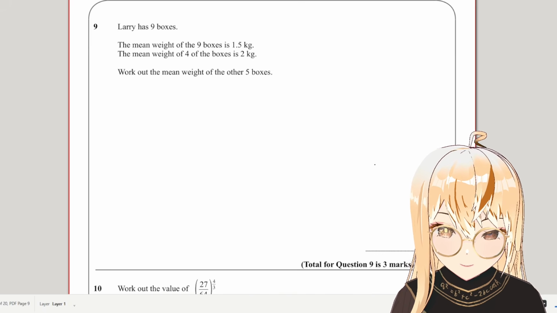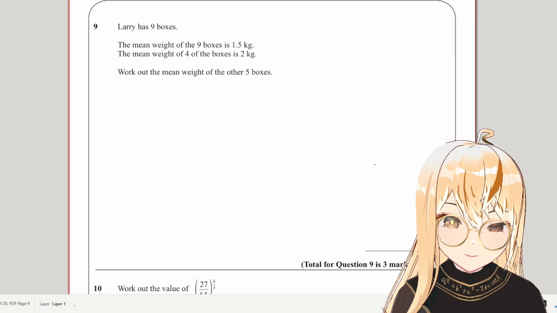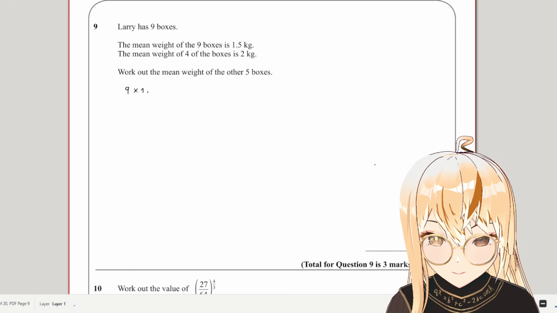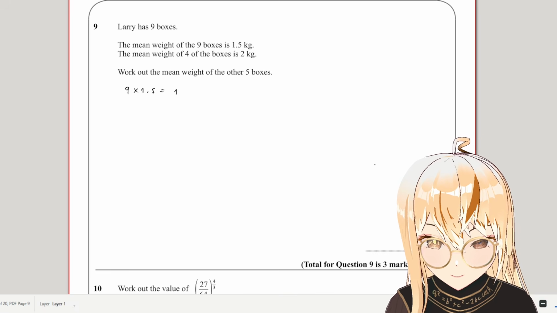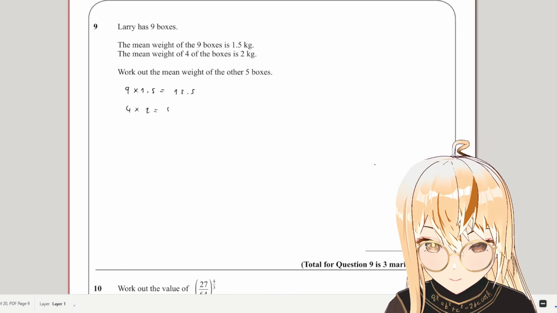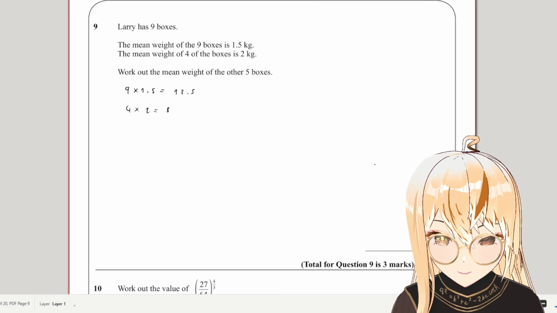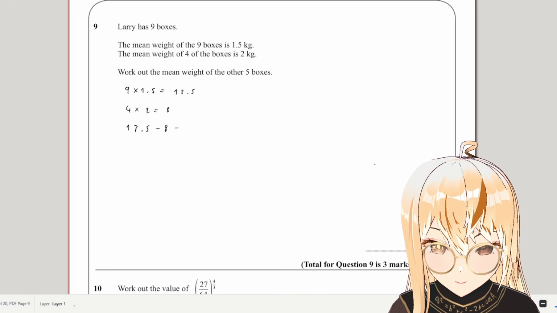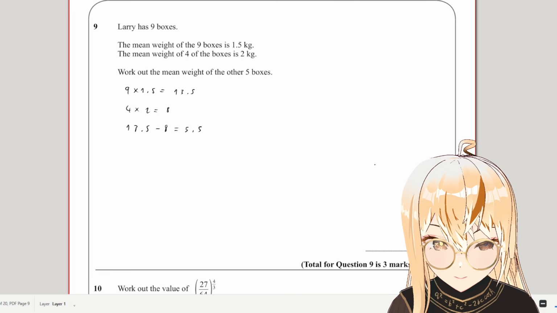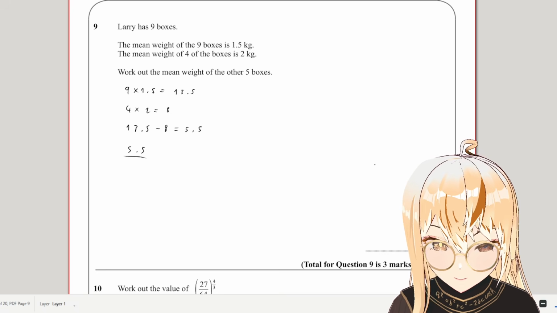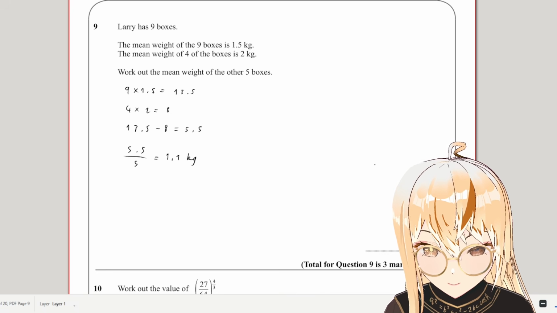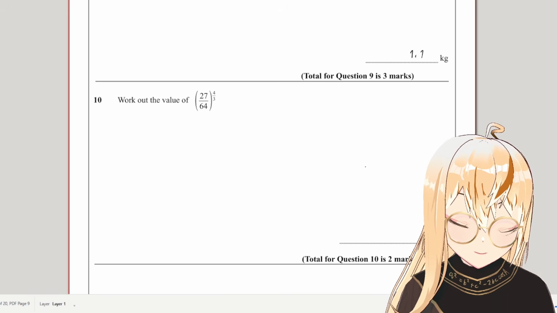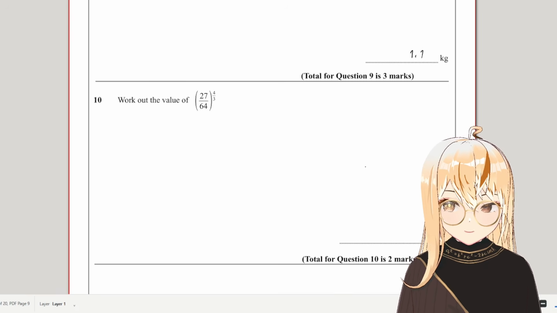To find the mean weight, we could just find the total weight of the boxes. Subtract. And then divide. Now this is a fractional index, just like I've taught before.